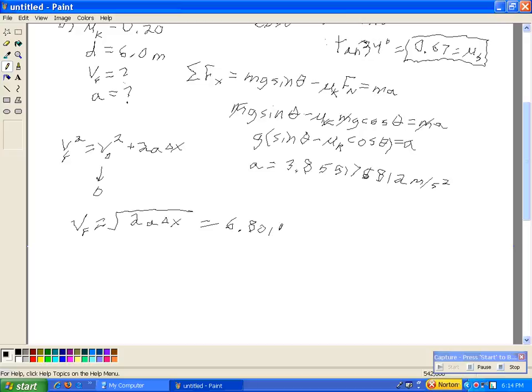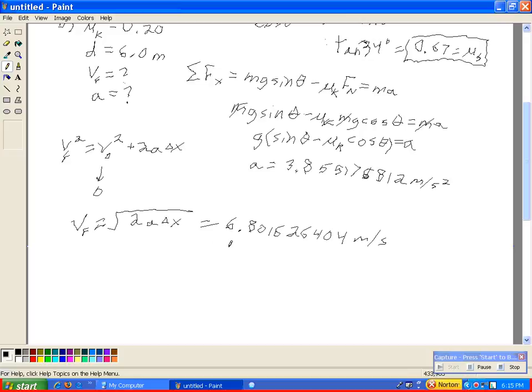6.801. Now for the acceleration, I plugged in this whole thing to give me a more precise answer. 26404 meters per second.